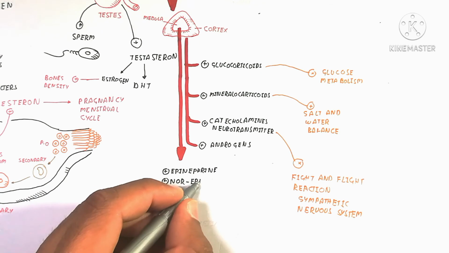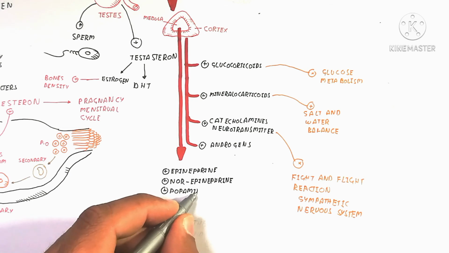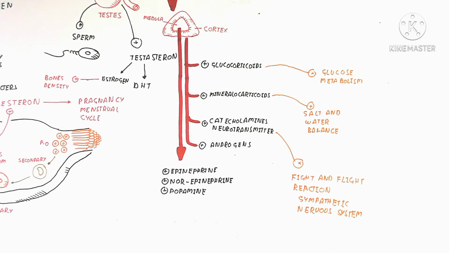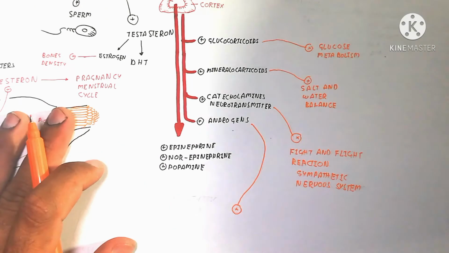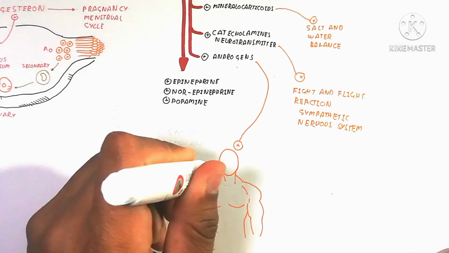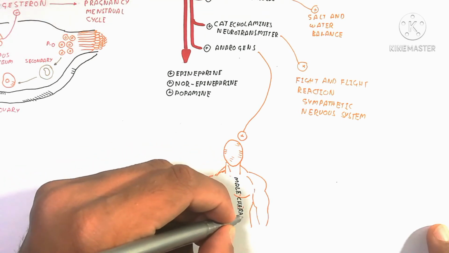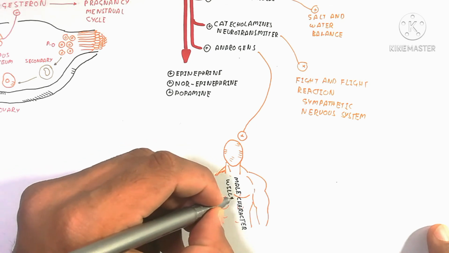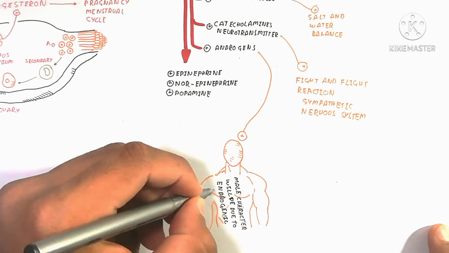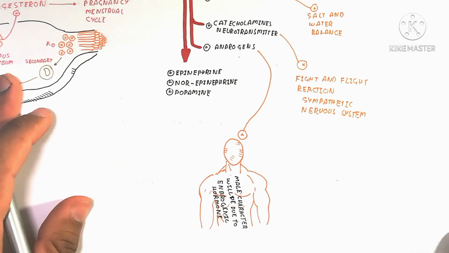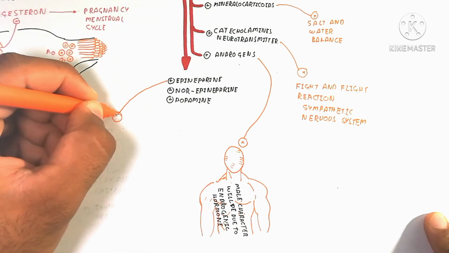First of all we should discuss the medulla. The medulla contains epinephrine, norepinephrine, and dopamine. Here is the androgen hormone; first of all, it produces the male characters, the muscularity as well as beard or deep voice, and the structural shape of maleness is due to the androgen hormone.